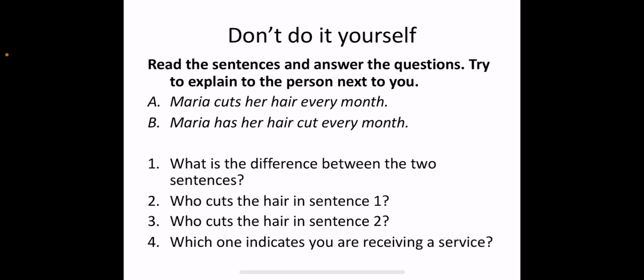But in B, or in sentence 2, it is not Maria who is doing the action. It is another person, apparently. But that person is not mentioned in the sentence. So we understand that in B, Maria is receiving a service, right? So which one indicates you are receiving a service? The second one.